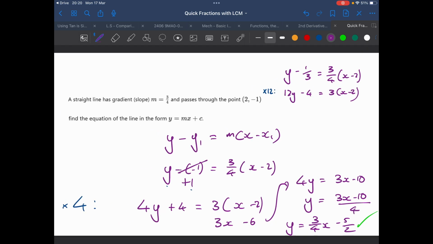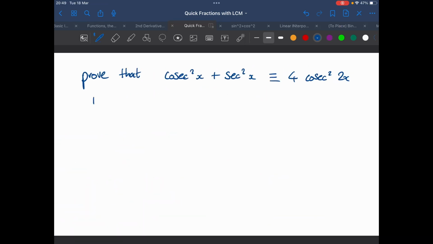It's not only with the equation of a line. Cosec squared is going to be 1 over sine squared x, plus sec squared is going to be 1 over cos squared x. So the idea we just talked about is having a lowest common multiple together.